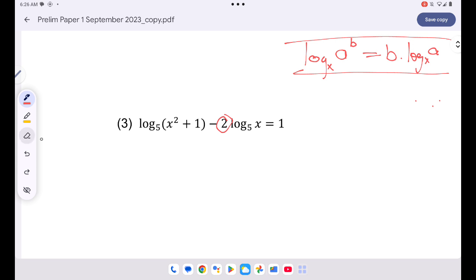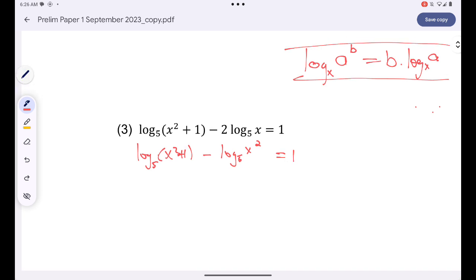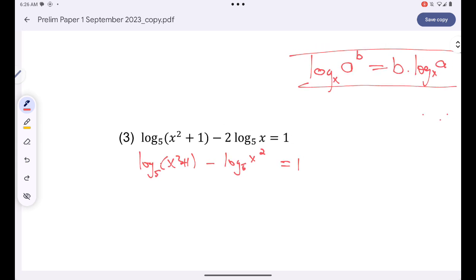So over there, I can simply have the log of x squared plus 1 base 5 minus the log of x base 5, all squared, equal to 1. Now both of my logarithms have the same coefficient. I can simply apply another law.